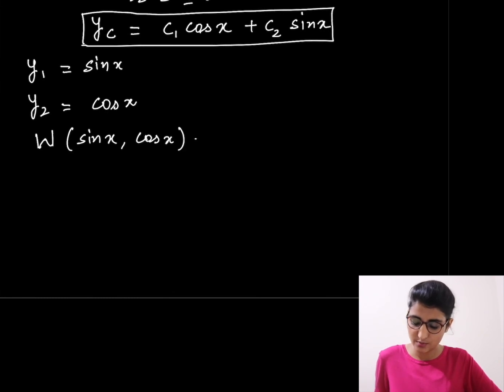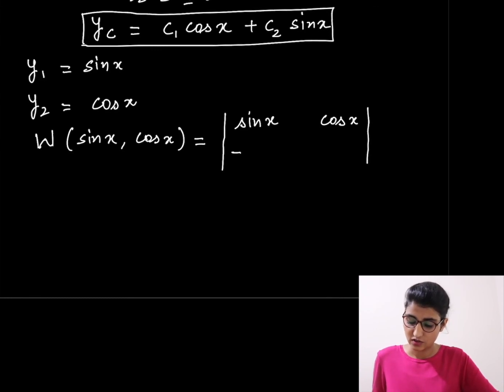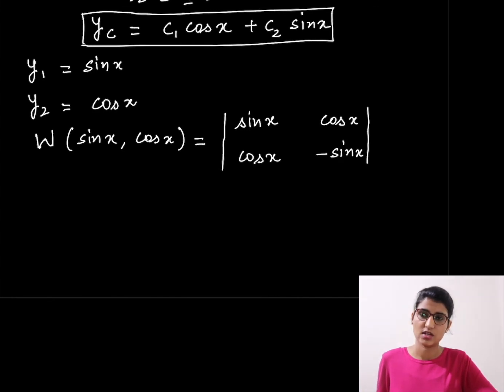which is given by the determinant of the first row. We keep the functions as they are, sine x, cosine x. In the second row we take the derivative. Derivative of sine x is cosine x, derivative of cosine x is negative sine x.